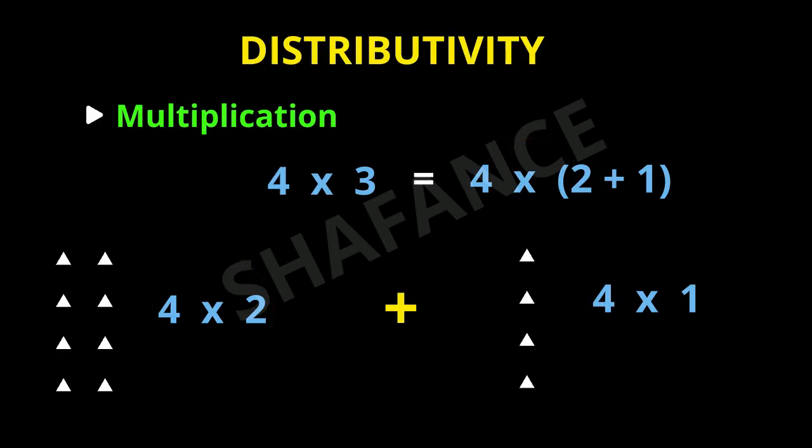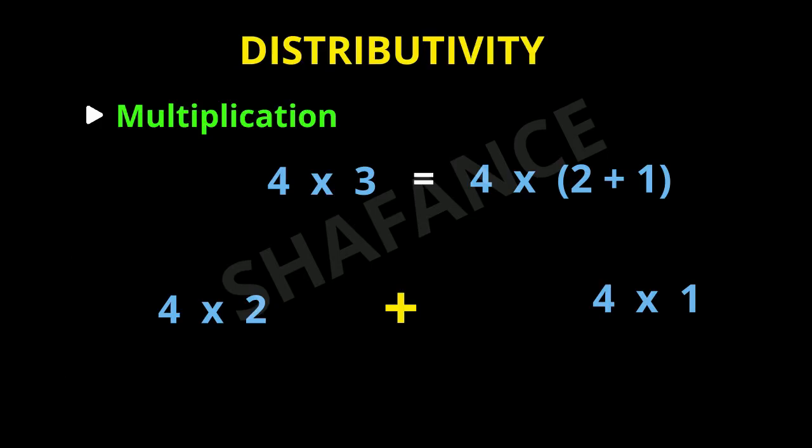And we get 4 into 1 because 4 multiplies with 1 inside the bracket. And because we have a plus sign inside the bracket between 2 and 1, we get this plus sign between 4 multiplied by 2 plus 4 multiplied by 1. So the number 4 is getting distributed because of the multiplication sign, it is getting distributed over 2 and 1.